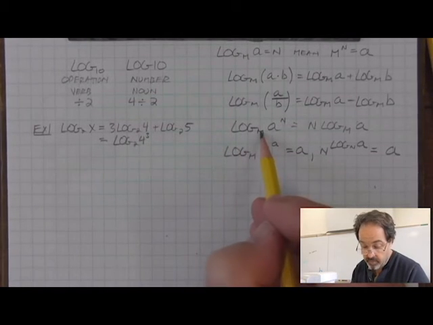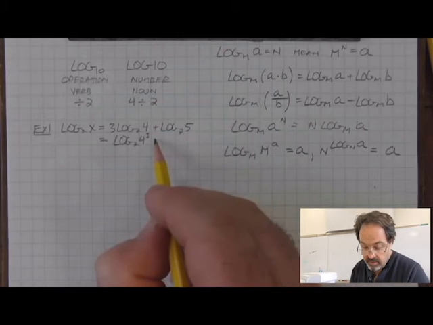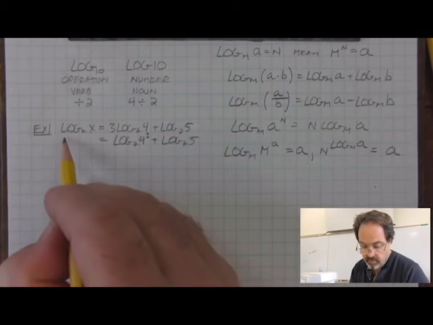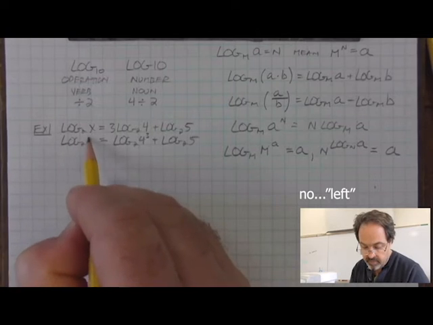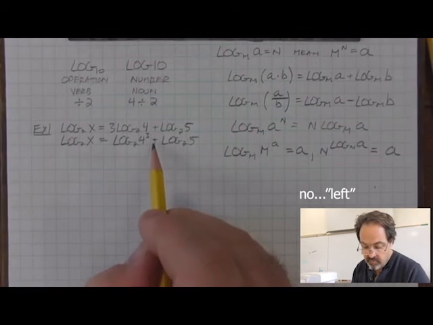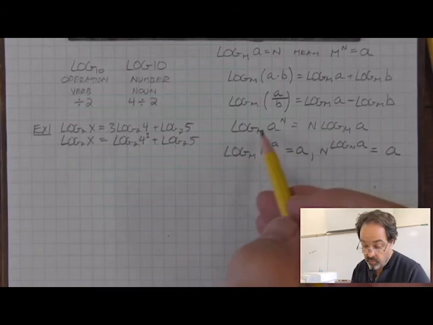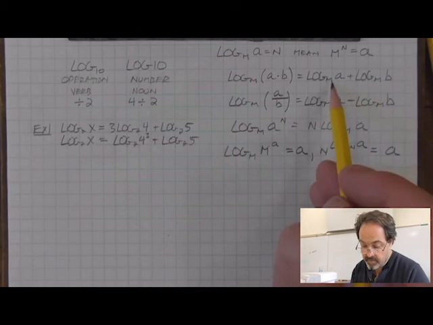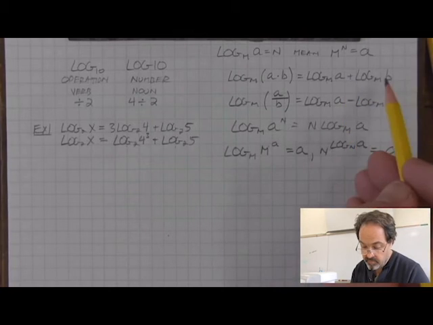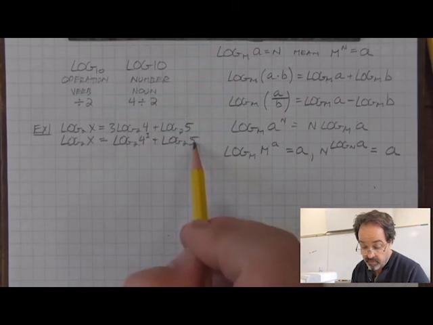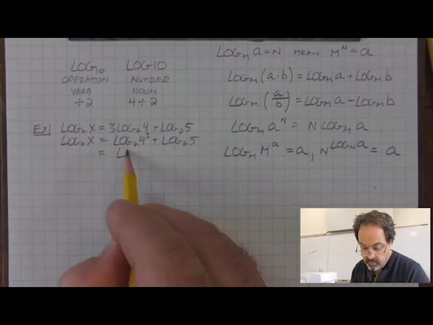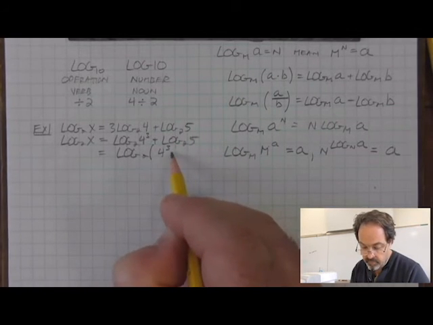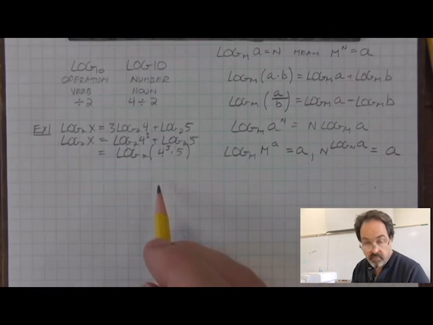Just use the power property of logs. And I still have the log base 2 of 5, and on the right, log base 2 of x. Now the sum of these two logs is ready to use this property. I can combine the arguments a and b, in this case 4 to the third and 5, and write them with a single log as the product 4 to the third times 5.